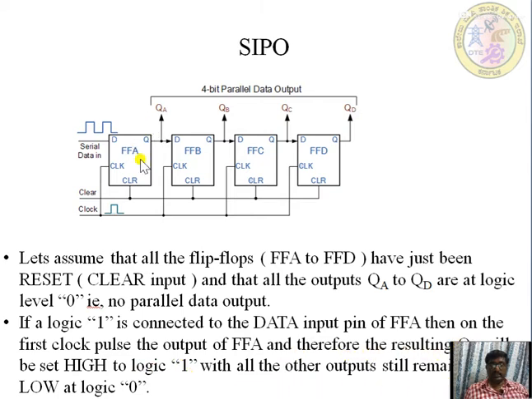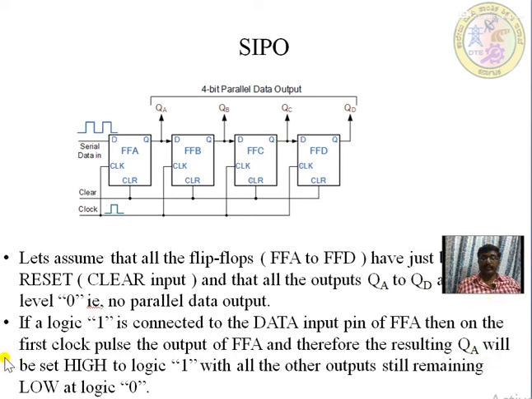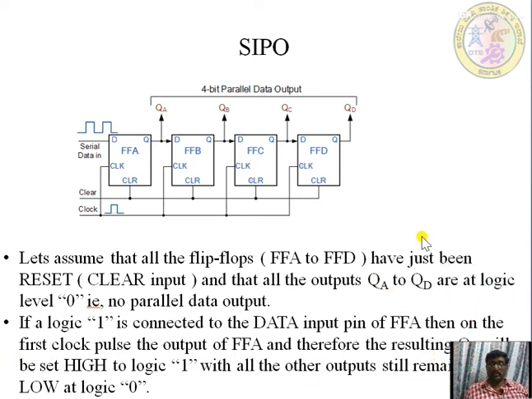As I told you initially, if I give the serial data as 1, during the first clock the 1 is shifted in and the output of the flip-flop becomes 1, while the remaining three bits, QB, QC and QD, stay 0 0 0. The same thing is explained here: QA is set to high logic 1, with all other outputs still remaining low at logic 0.